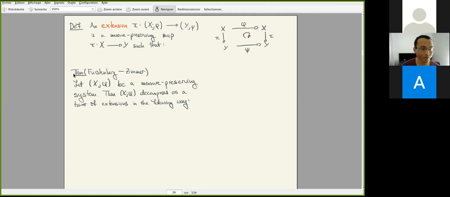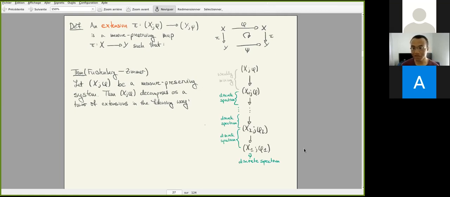So we start with just some measure-preserving system x phi, and then this system decomposes as a tower of extensions in the following way. And note that in contrast to the topological setting, I did not assume that we have, for example, a distal system here. Okay, the resulting tower looks like this.